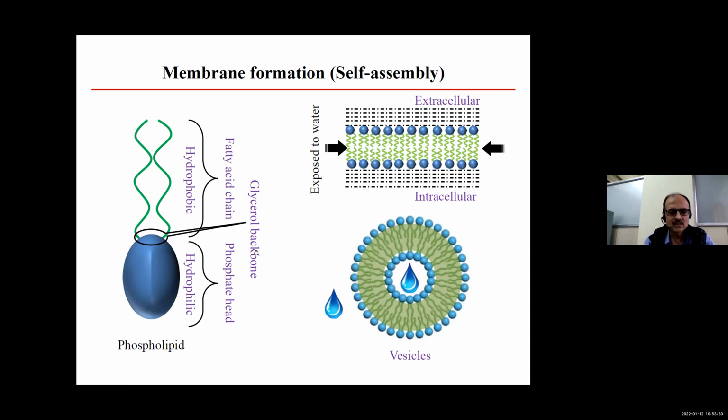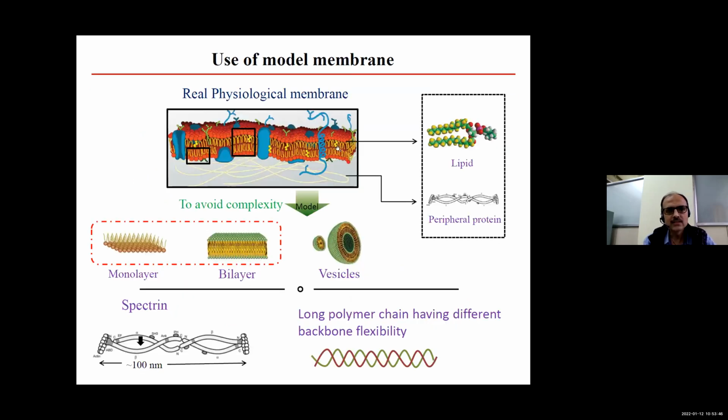And then they can assemble in a bilayer or vesicle or different kinds of arrangements, where we can play with these lipids. So as I said, the cell is a very complicated structure, and the membrane is also a very complicated structure where you have a lot of things.